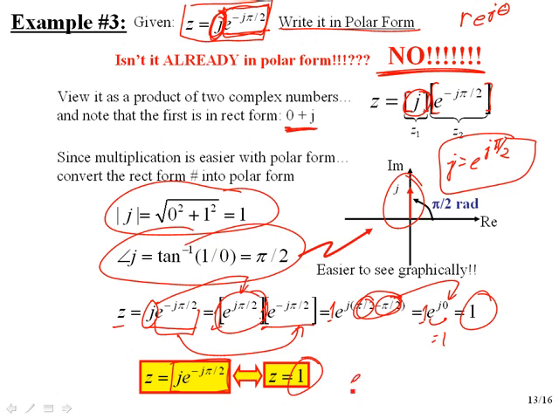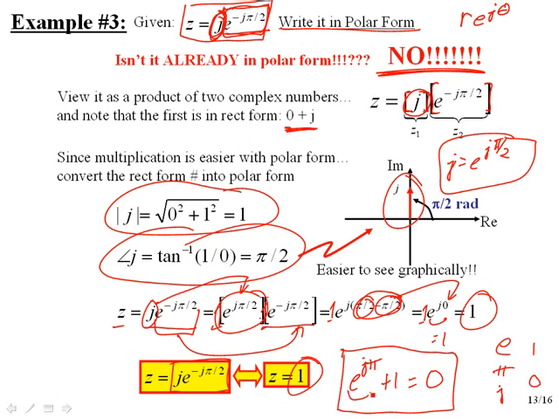E to the j pi, I know that that's actually equal to minus 1, plus 1 is equal to 0. So there's a nice little equation that links 5 of the most important numbers in mathematics. E, pi, j, 1, and 0. So this is actually equal to minus 1, right? E to the j pi. So interesting little aside there.